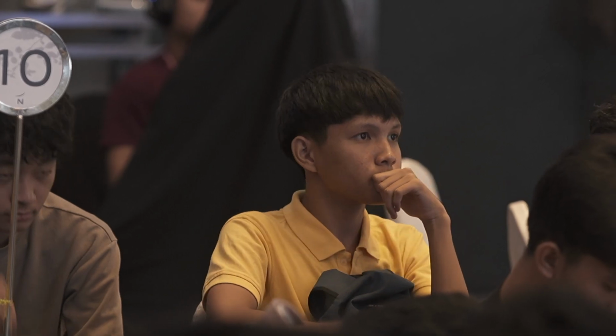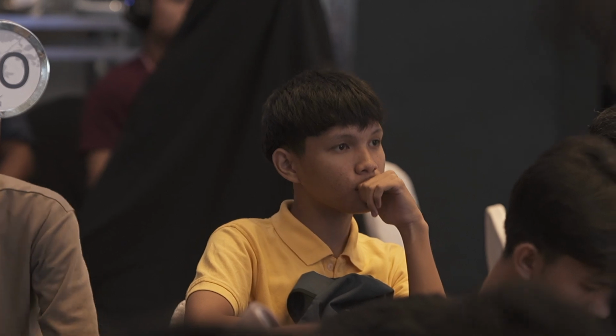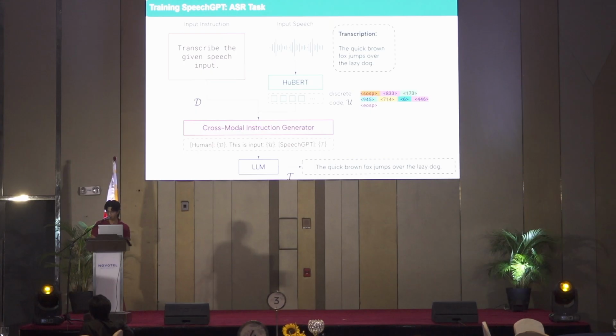So how does SpeechGPT, which is an LLM-based model, do this? The key here is the conversion of speech recordings to a representation that LLMs can understand. The example here is for the ASR task. The speech recording is passed onto the HuBERT tokenizer to generate the discrete codes.